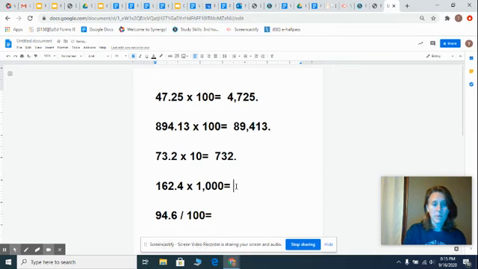Ooh, this one looks big, which looks kind of tricky. But we can use the exact same model to do our math. In this case, we are taking 162.4 times 1,000. How many zeros does 1,000 have? It has 3 zeros. 1, 2, 3. Thus, we have to take this decimal place and move it over 3 times.